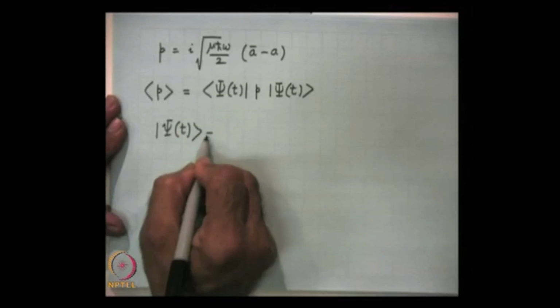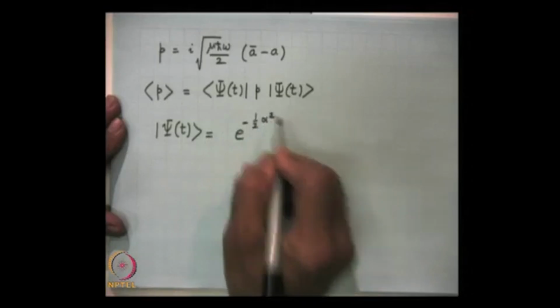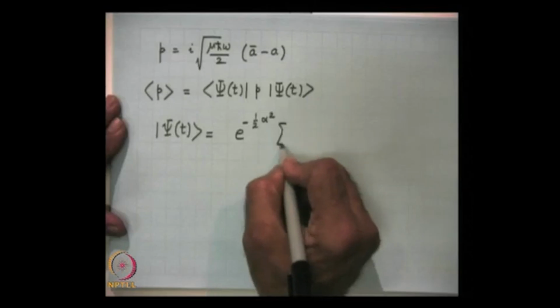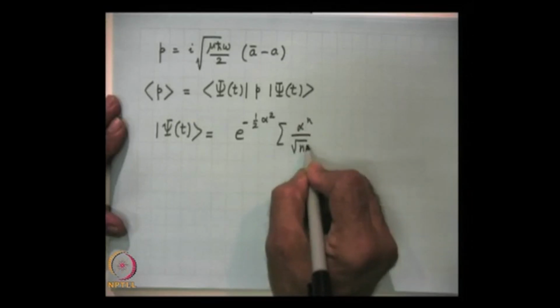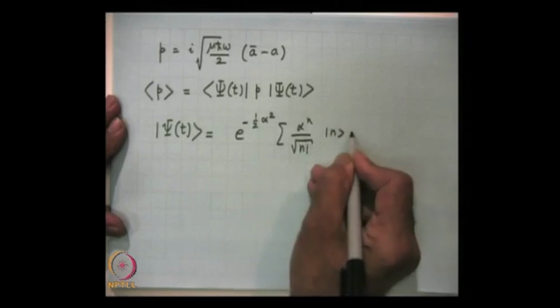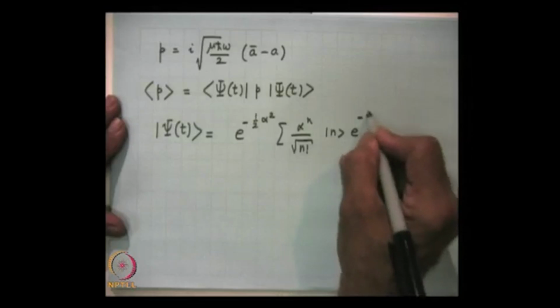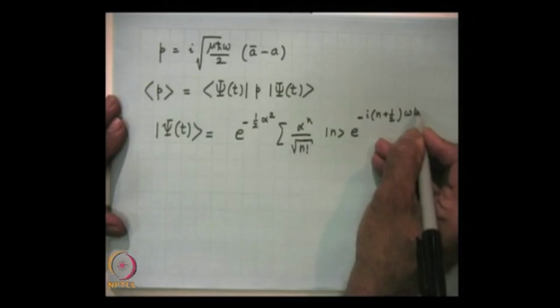This is equal to e to the power of minus half alpha square summation alpha to the power of n divided by square root of n factorial multiplied by ket n e to the power of minus I n plus half omega t.